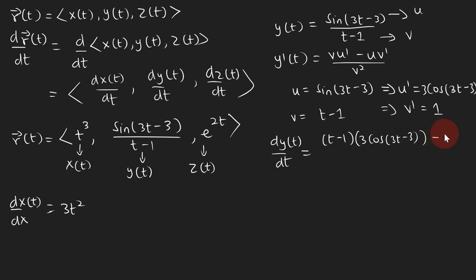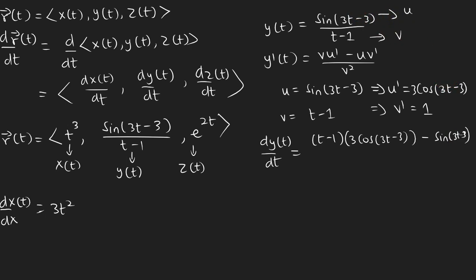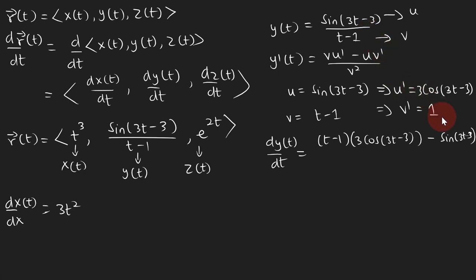U is sine of 3t minus 3. We're supposed to multiply by 1, but you know v prime is 1, so you can leave it that way. Then you divide by v squared, so that will be t minus 1 squared.